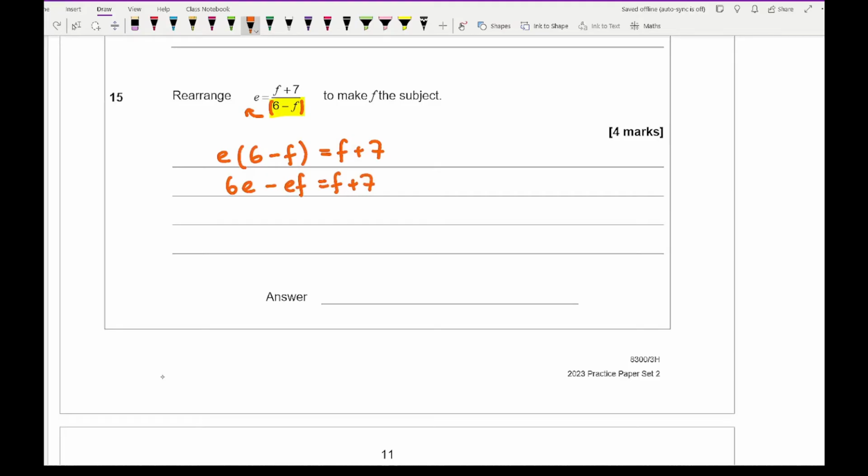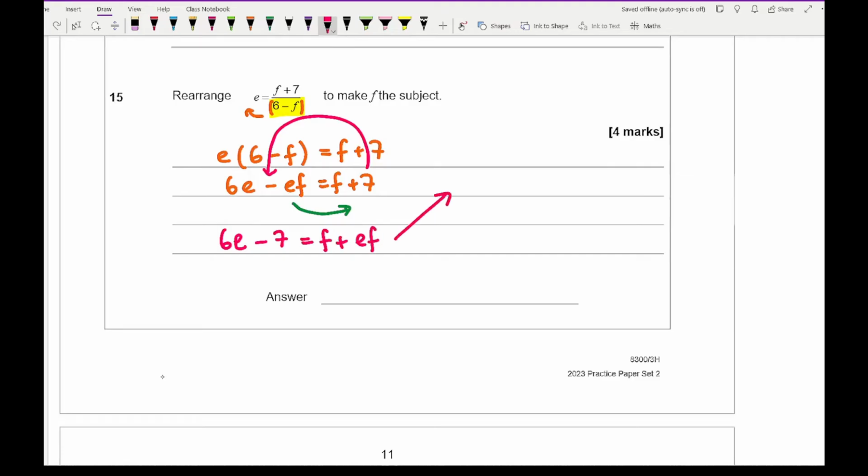Then at this stage what I want to do is get all the things with f's on one side and all the other things on the other side. So I'm going to take ef over to this side, and I'm going to take the 7 over to this side. So what that then becomes is 6e minus 7 equals f plus ef.